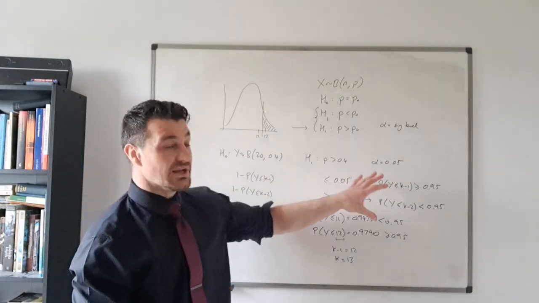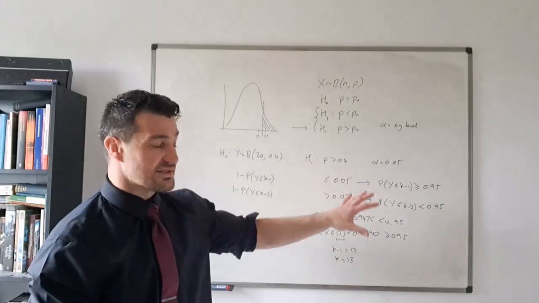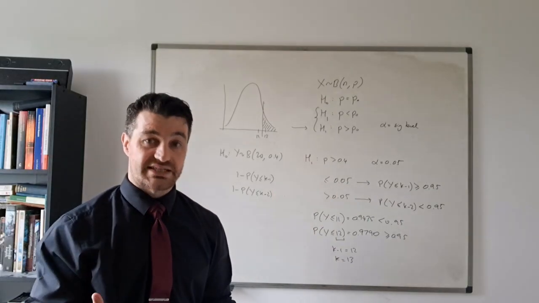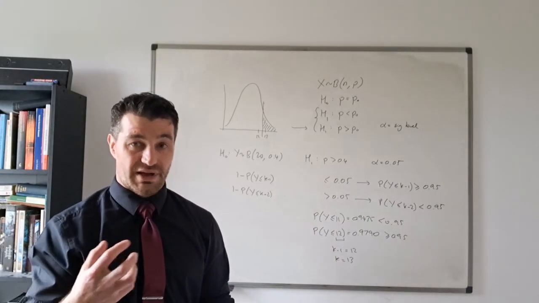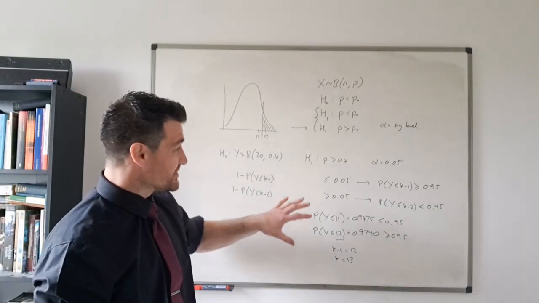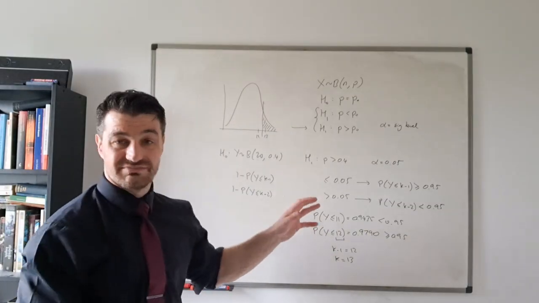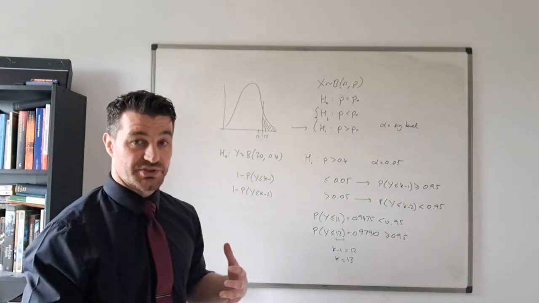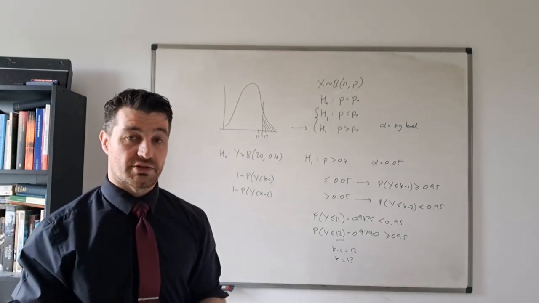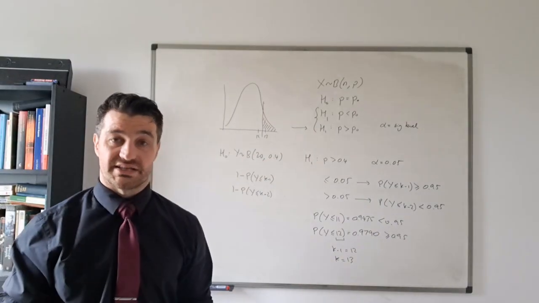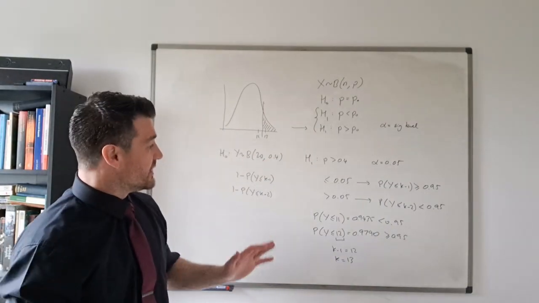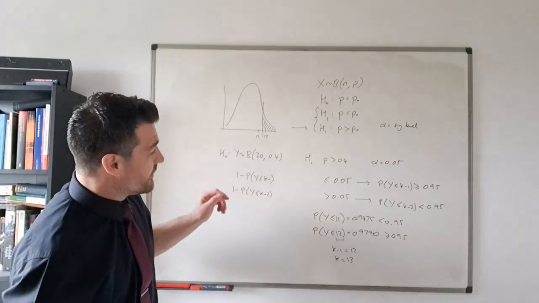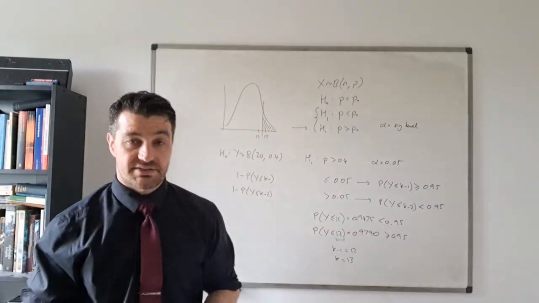I'm not saying that this is the only way that you can go about finding critical values, but you at least need to understand what is meant by a critical value, and you also do need to have an idea about how to manipulate probabilities for different distributions, in particular, in this case, a binomial distribution. Okay, so hopefully that makes a little bit of sense.